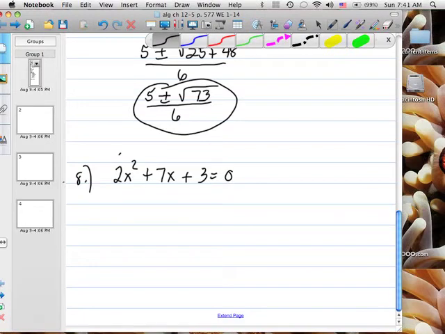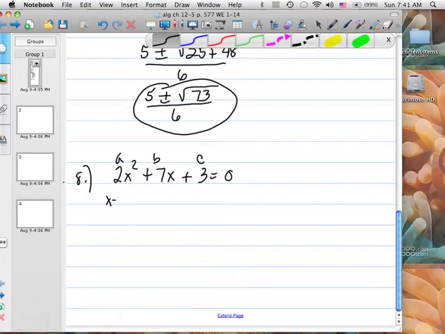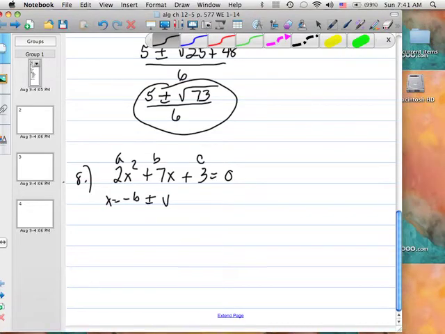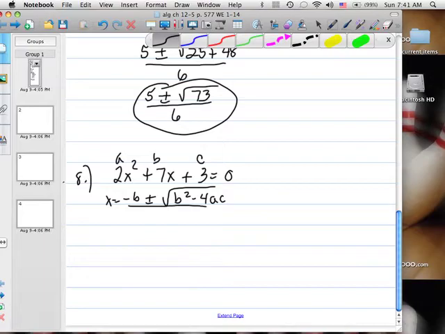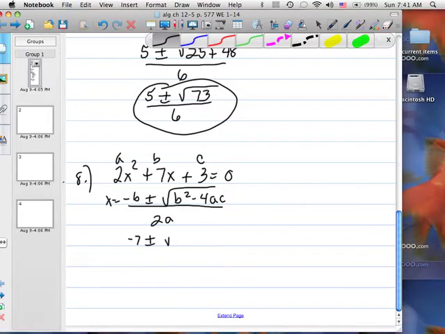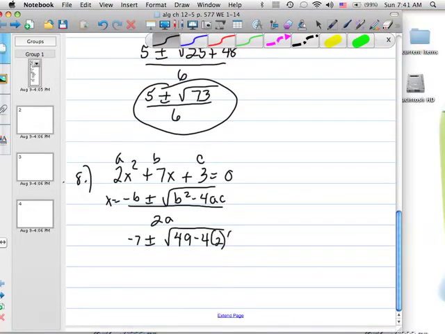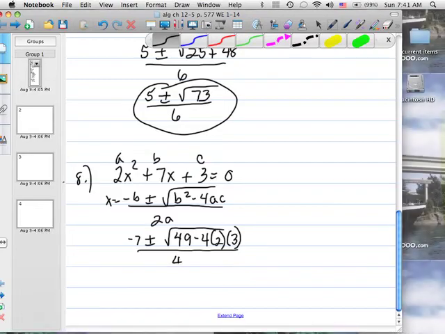So I'm going to use the quadratic. X equals the opposite of B plus or minus the square root of B squared minus 4AC over 2A. So that's the opposite of B, negative 7 plus or minus the square root of B squared, 49, minus 4 times A, 2, times C, 3, over 2 times A, which is 4.